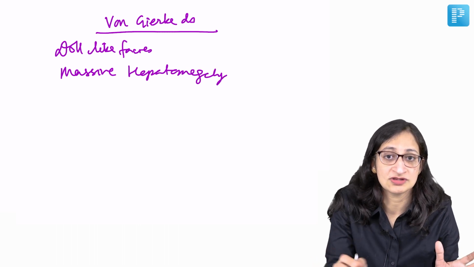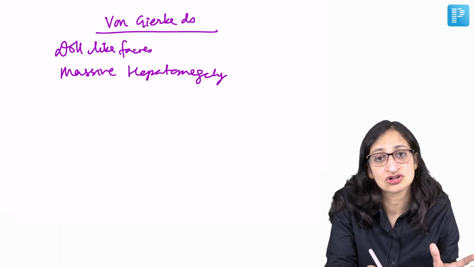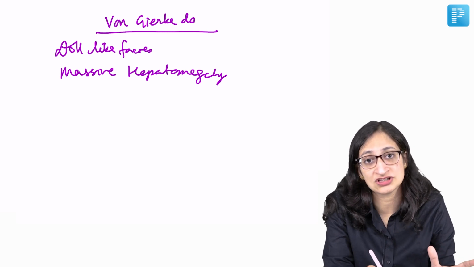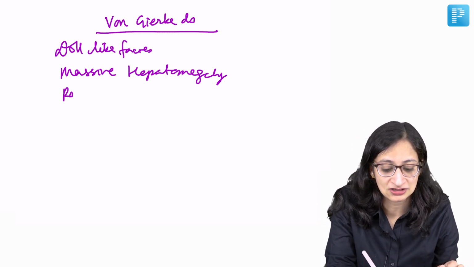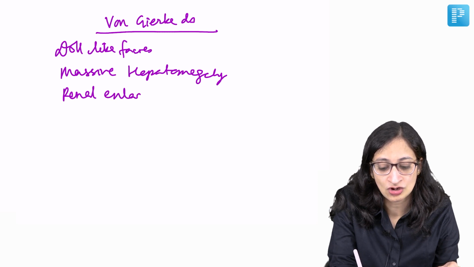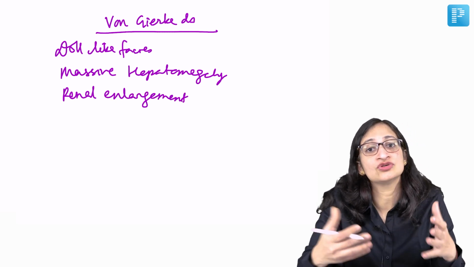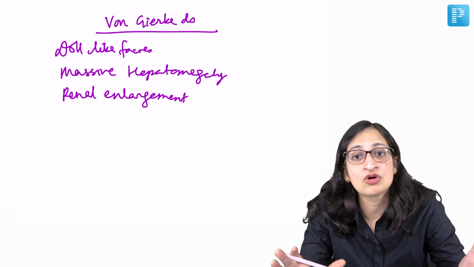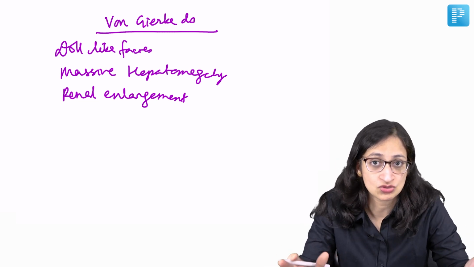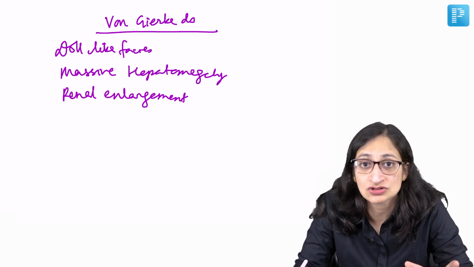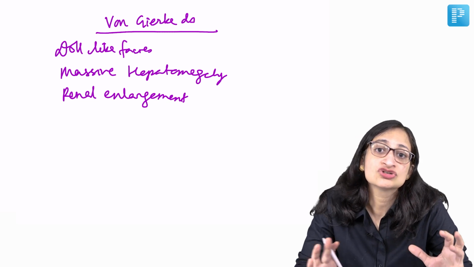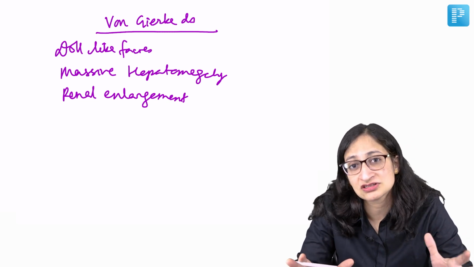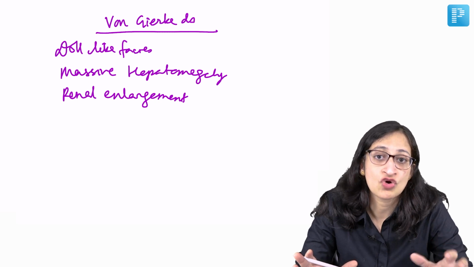Spleen is usually normal in size, and muscles are also usually not involved in Von Gierke disease. So you can get renal enlargement, okay? And there is hyperuricemia, which can give rise to gout-like features and joint pain and so on. So hyperuricemia, and lactic acidosis is also there.